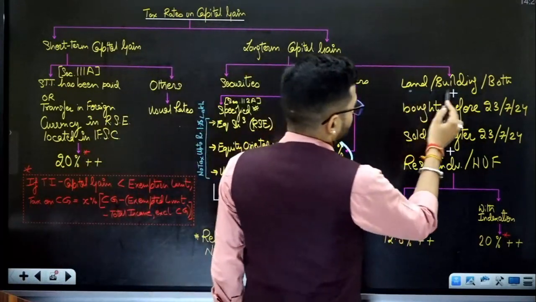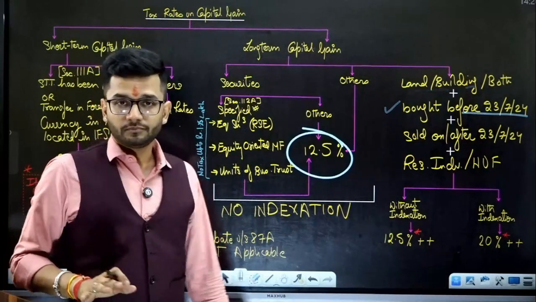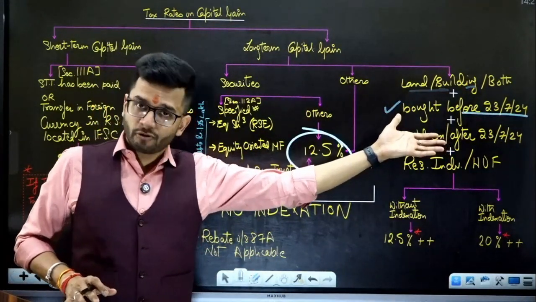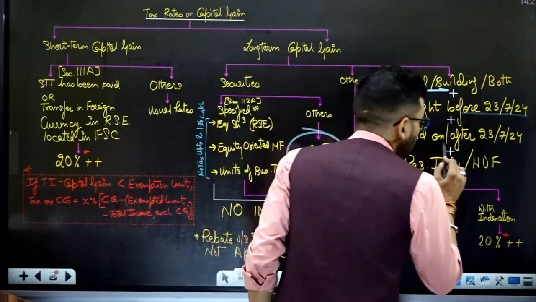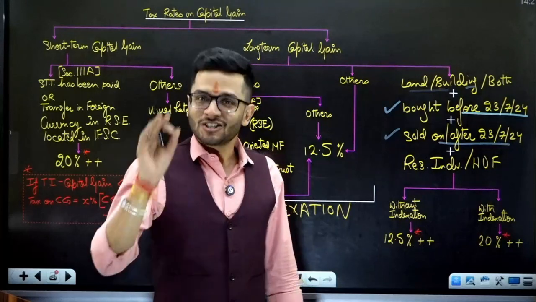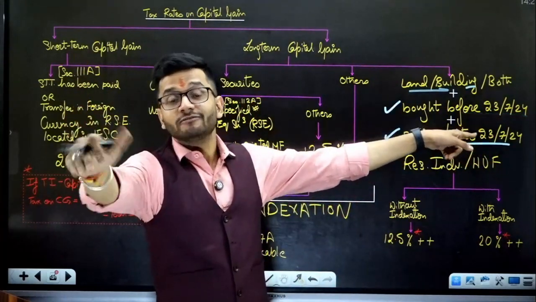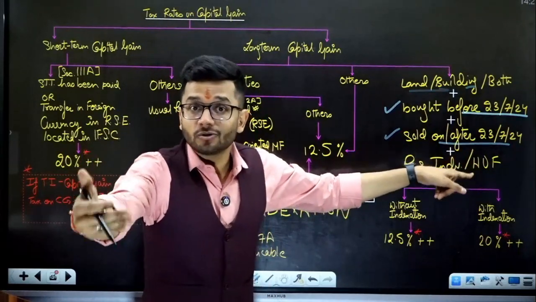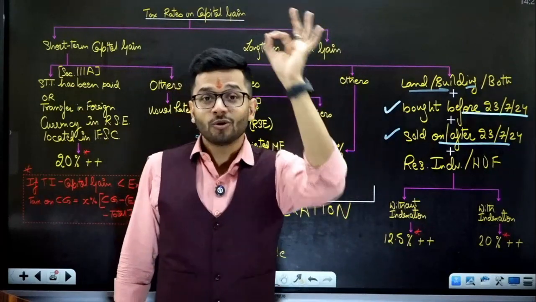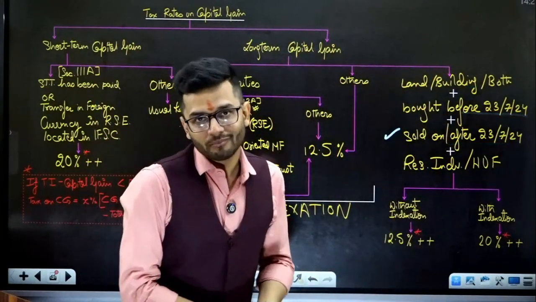Number three, the land and building should be bought before 23rd July 2024, and it should be sold on or after 23rd July 2024. So suppose you have land and building which you purchased after 23rd July 2024 and you sold after 23rd July 2024, indexation benefit is not available to you. Indexation benefit is only available for the assets which have been purchased before 23rd July 2024.